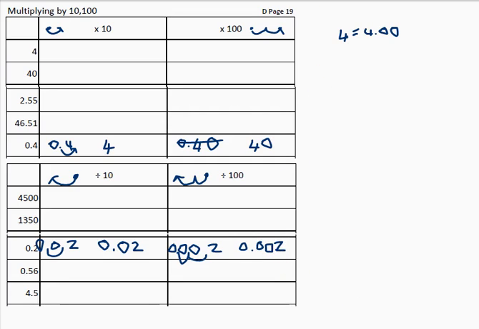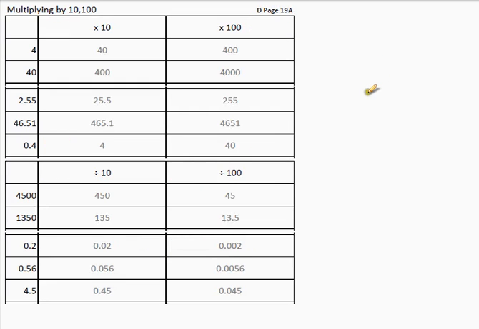Okay, it's your turn. Pause the video, you do the rest. There you go, there are your answers. Pause the video and check. Can you see the 4.5? You moved it back 1. It was now before the 4. There it is before the 4. You need a 0 before. You moved it back 2 to divide by 100. 1, 2.